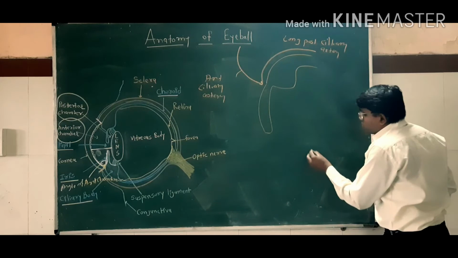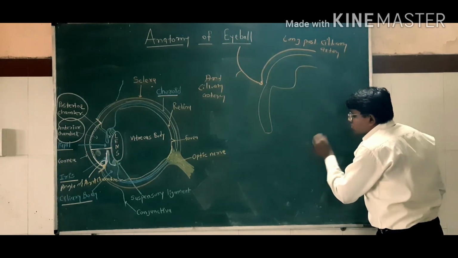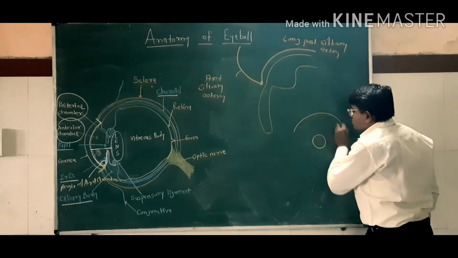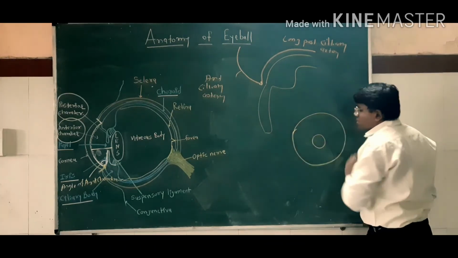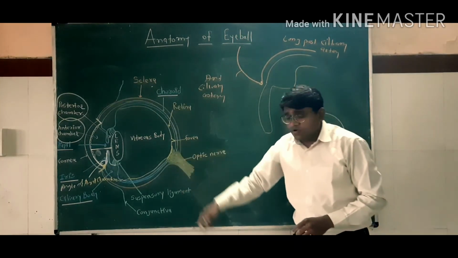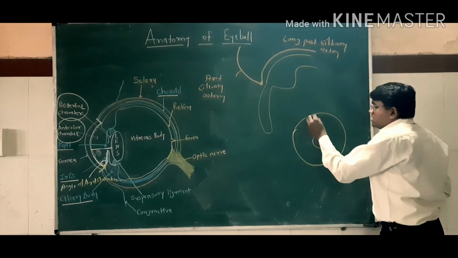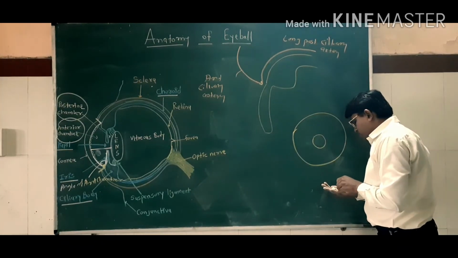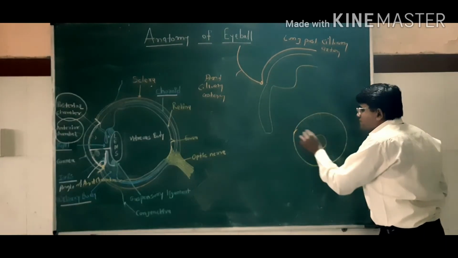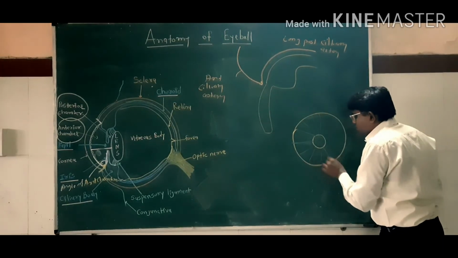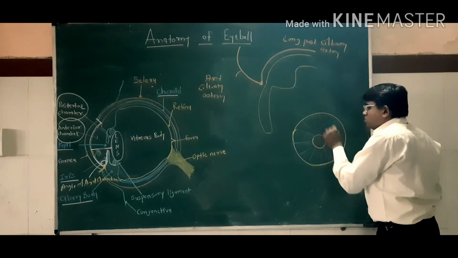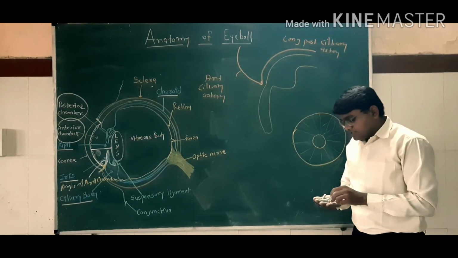From the front view, here is the pupil, and here is the corneal area. This radiating structure is the iris. It has two arterial circles.